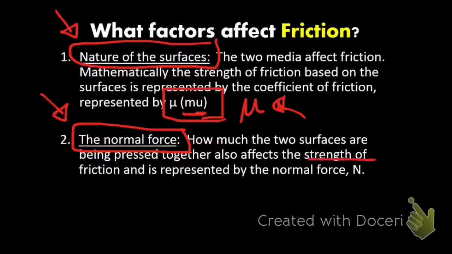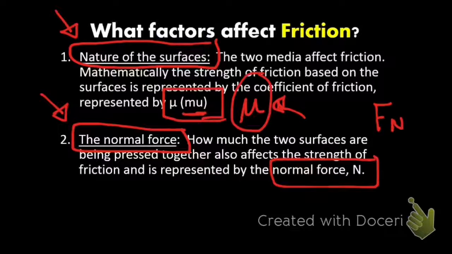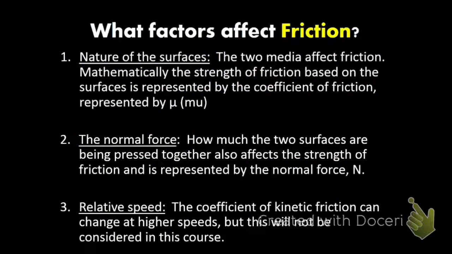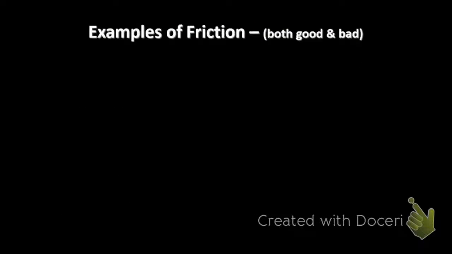So the normal force is going to be represented with an N, or sometimes an F sub N, and is how hard the surfaces are pressed together, and mu is what those surfaces are made of. There is a third factor, and that is the relative speed of the two objects. Friction will change at higher speed, but we are not really going to get into that in this course, but just something to consider.